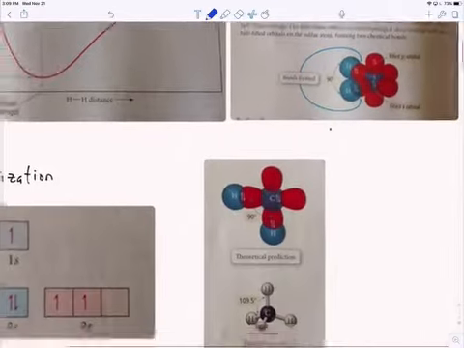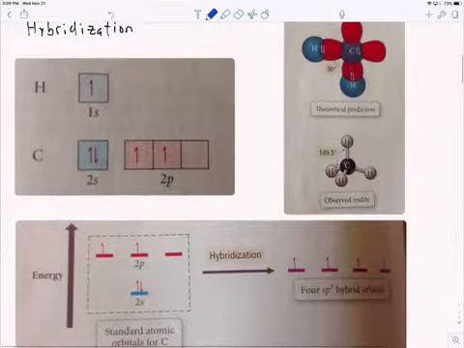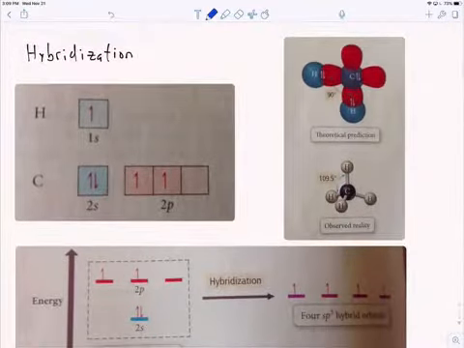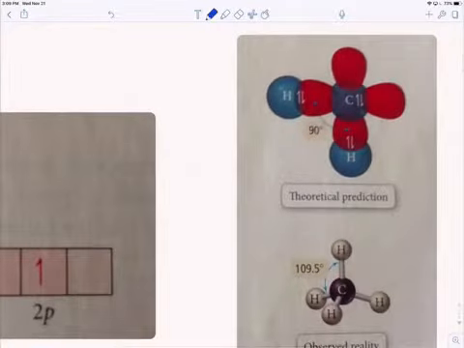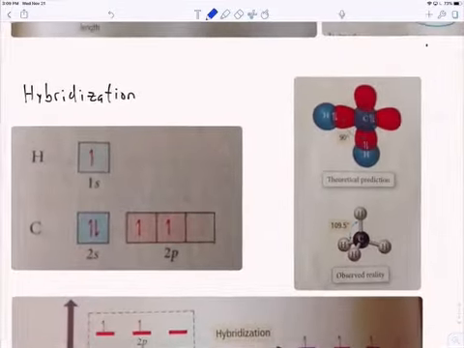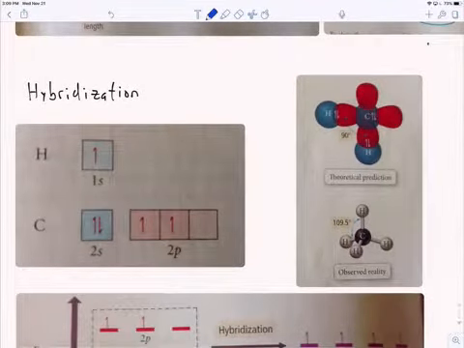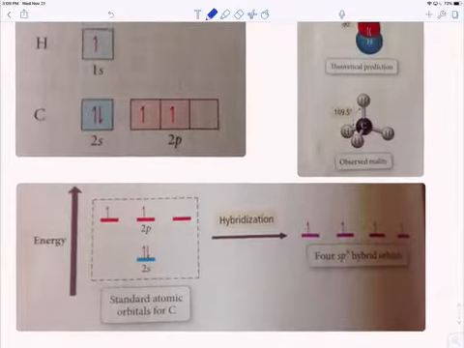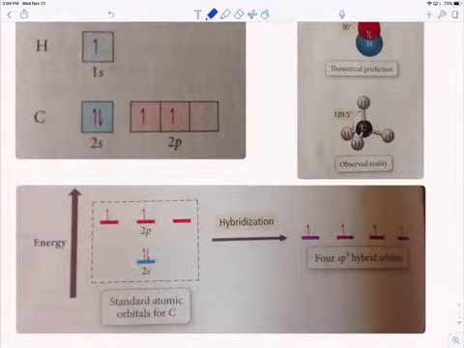Well, the same thing applies to methane. Carbon has p orbitals, so you'd think that there would be a 90 degree angle in that. But what happens is that the s orbitals and the p orbitals hybridize.